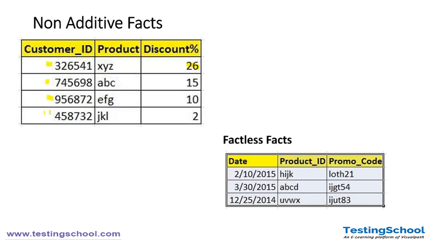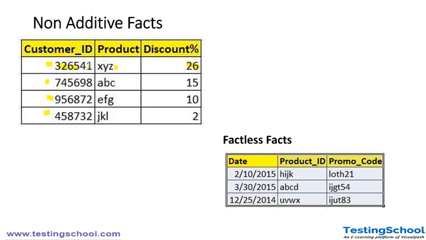If you take the customer ID to aggregate, you would get an aggregated value of discount, but that's not the actual discount which a customer has got overall, right? It has to be split into product. So if you take a customer and a product, then you will know what is the discount given.